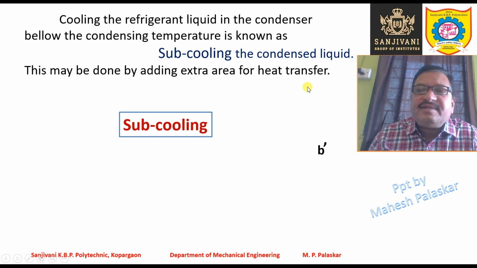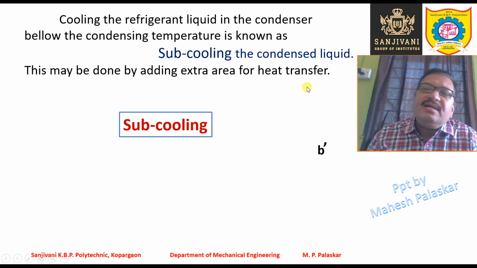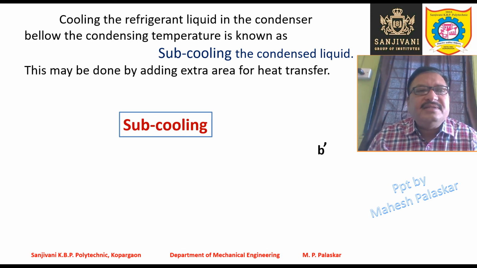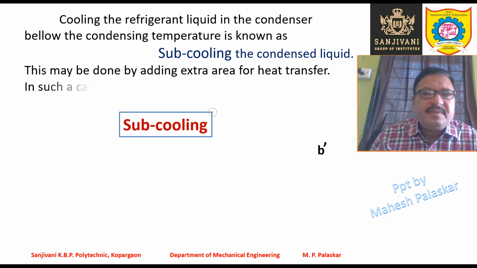area for heat transfer. So if the area of heat transfer in the condenser is increased, then subcooling may take place, or the cooling will be more in the condenser, and this may also lead to subcooling.